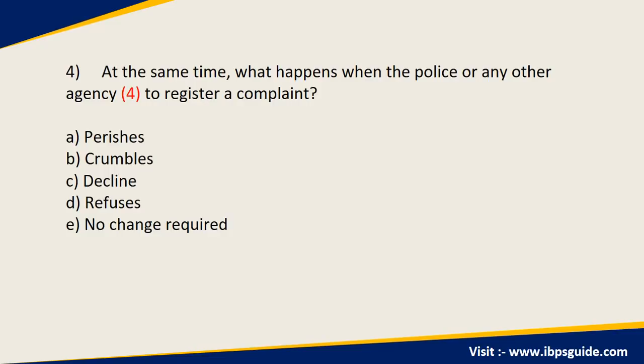It's either the police or it's the other agency, correct? So it's one or the other, which means your subject is singular. So be very careful when you are using the conjunction or, it makes the subject singular. So this means that the blank has to be filled with a singular verb as well.